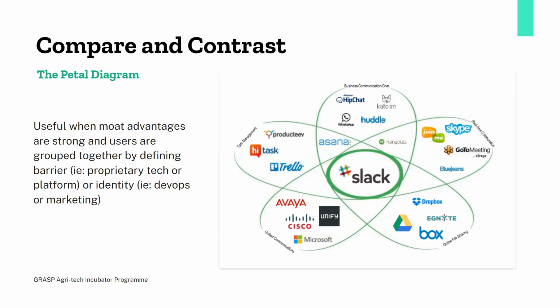So the petal diagram is very useful to marry up your customers' pains and gains with where the current market sits. It's a really useful diagram once you've done your research.